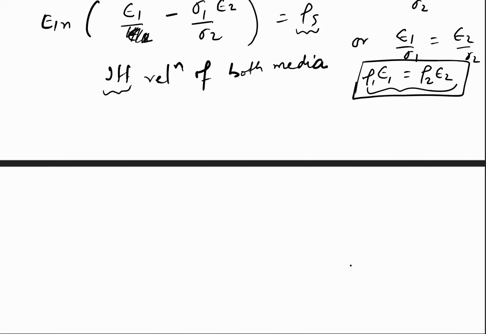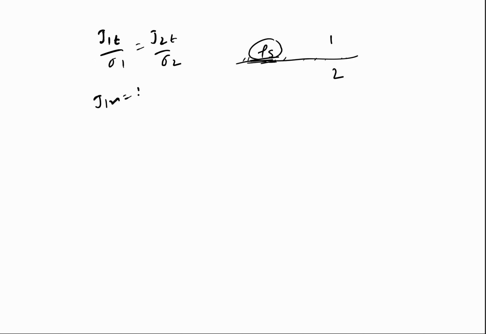So you will find that whenever there is a steady current density in a media or various media, then on the interfaces there will always be a buildup of surface charge density because of this conduction current, so that this charge buildup now creates a field, and it helps in the satisfying of various boundary conditions, and those boundary conditions are J1t by sigma 1 is equal to J2t by sigma 2, and J1n is equal to J2n, and D1n minus D2n is equal to rho s.